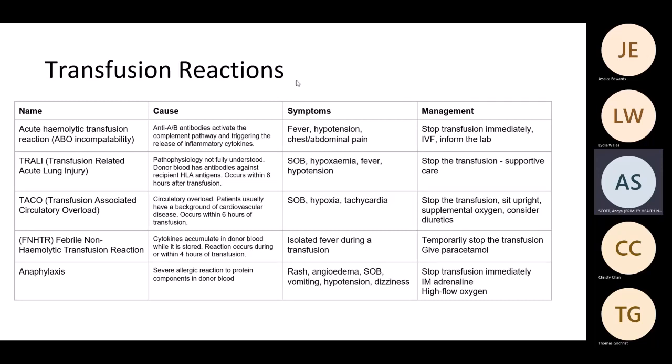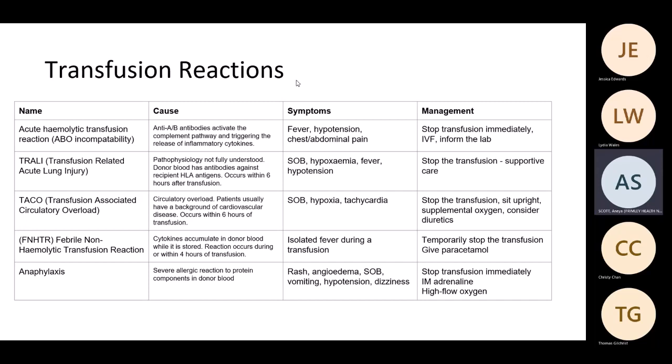TRALI and TACO are quite tricky to distinguish between because the symptoms are very similar. They both occur within 6 hours of transfusion. Probably key in the question stem will be their cardiovascular risk factors, and management for them is quite similar.